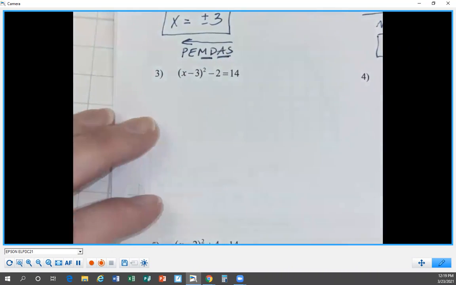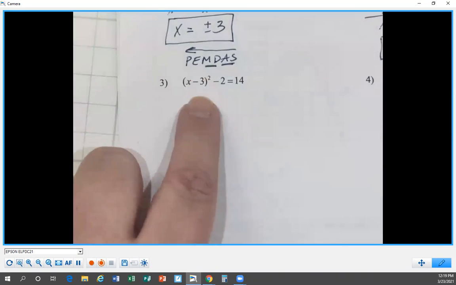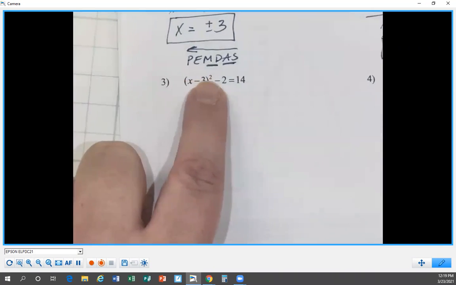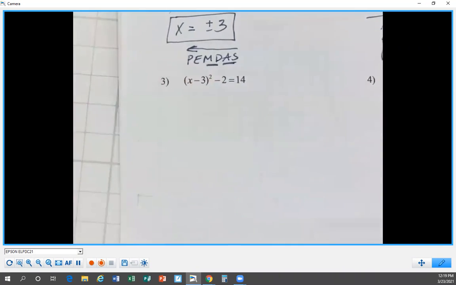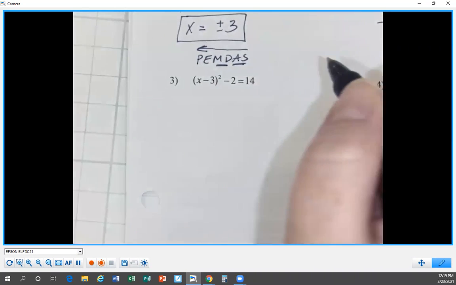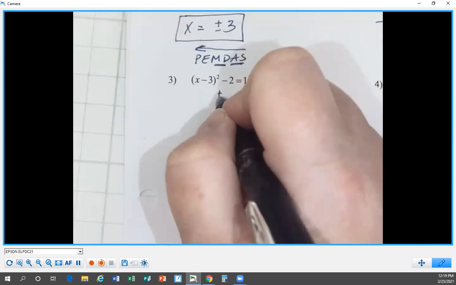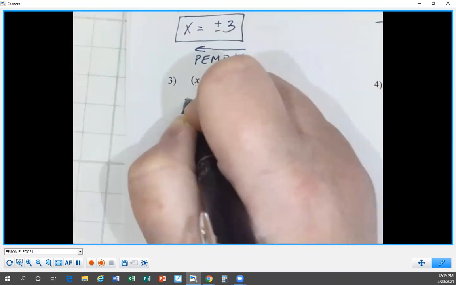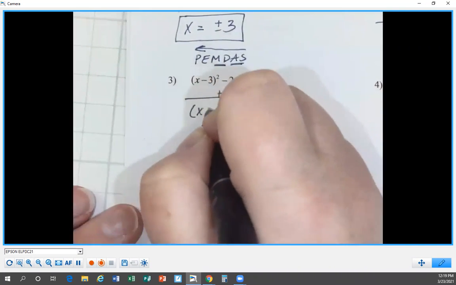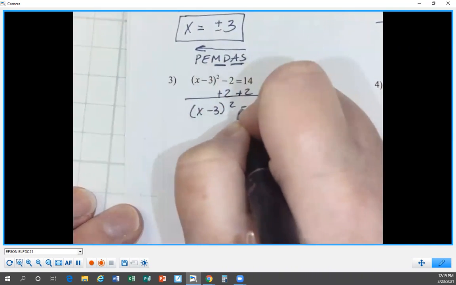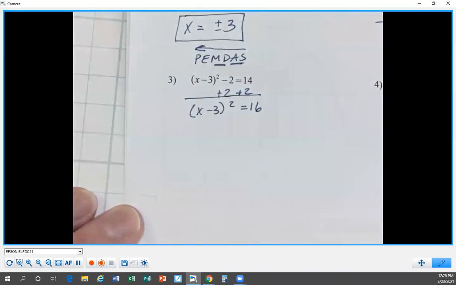Our x term is locked in the parentheses, which is being squared. So we're going to do what we can. Is anything being added to or subtracted from that variable term? Yes, there's a minus 2, so we add 2. This gives us (x - 3) squared equals 16.